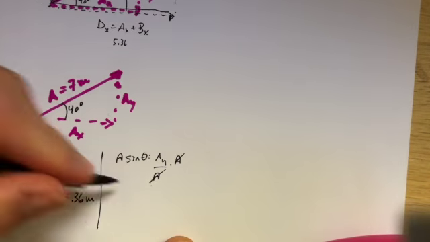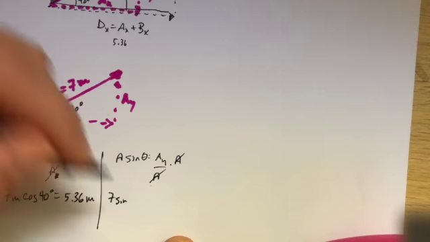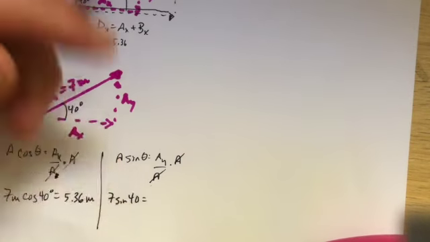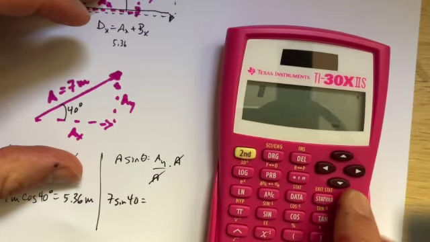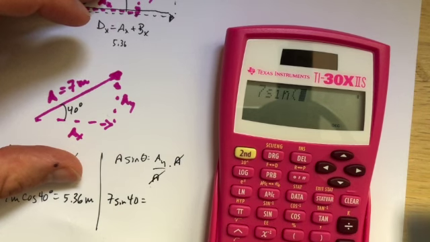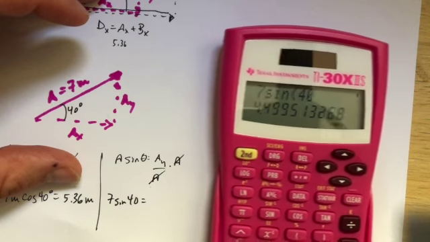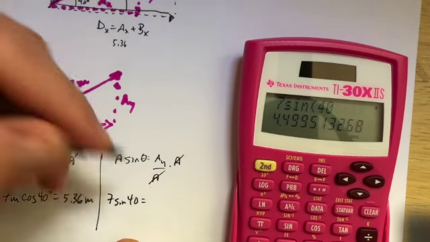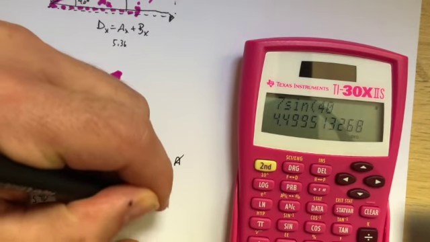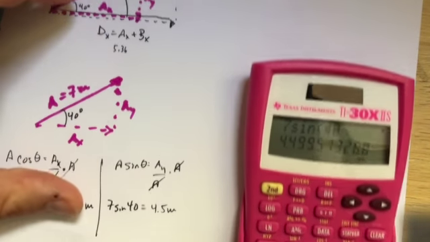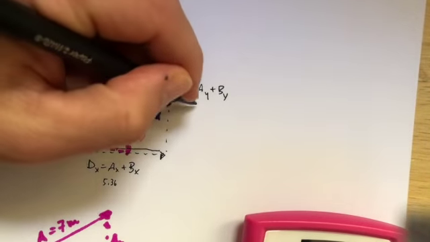And so then I plug my numbers in. 7 times the sine of 40 equals, and I get 4.5. So I'm going to come up here and just write 4.5.